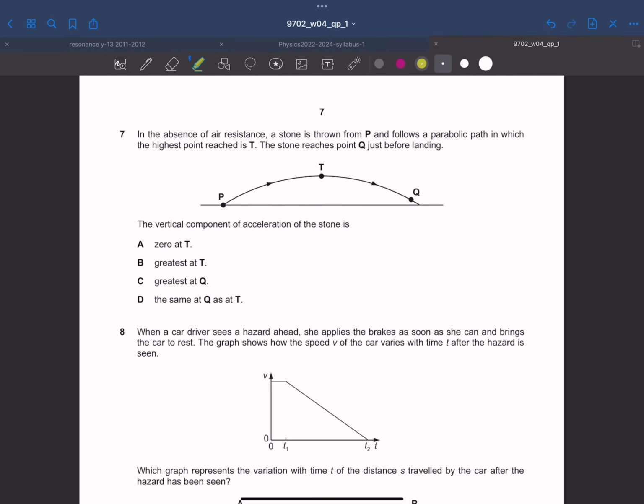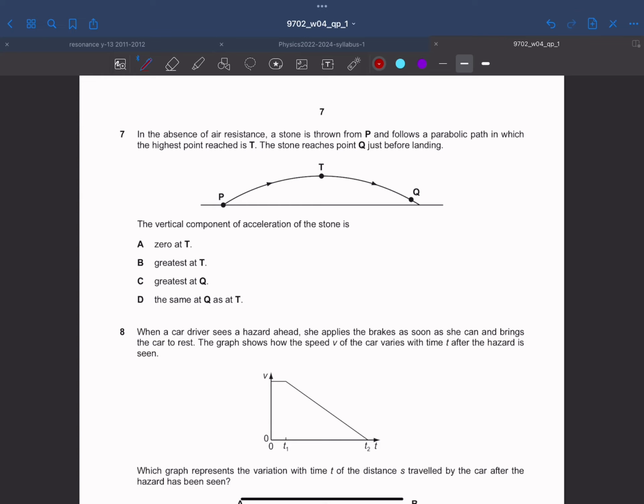Then in question number 7 you have the situation of the projectile motion. Again, you can go to the lecture if you want to learn in detail. The lecture on projectile motion I have already delivered, and you can see it on my channel.